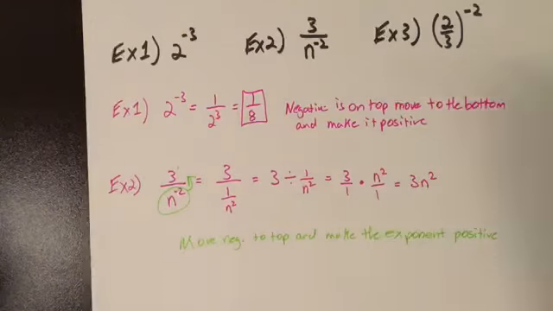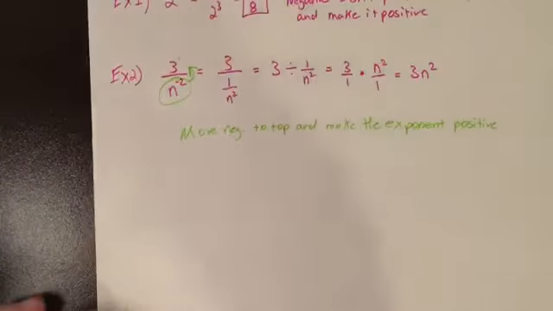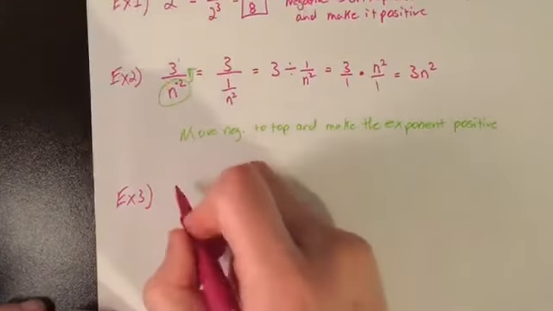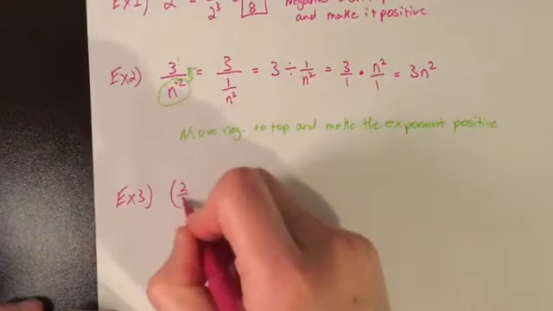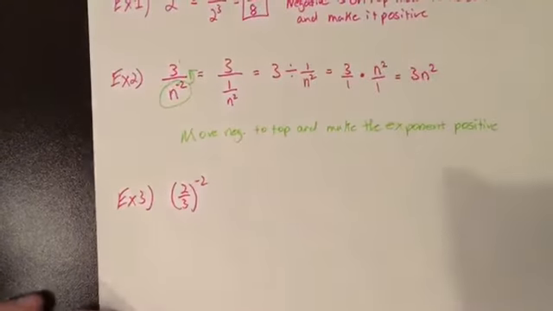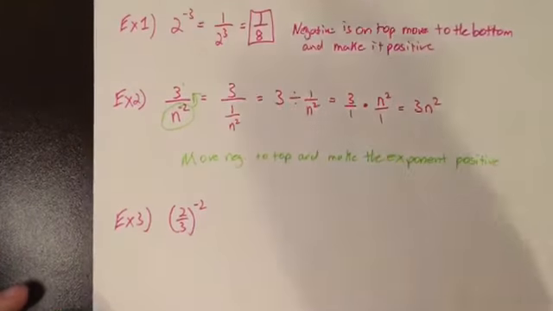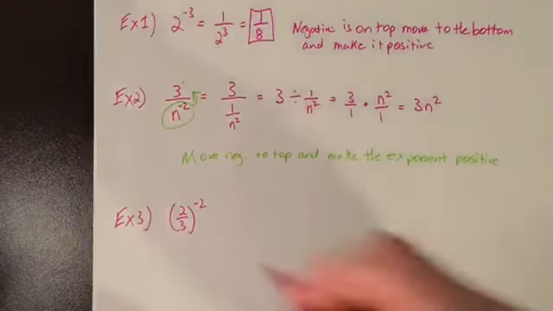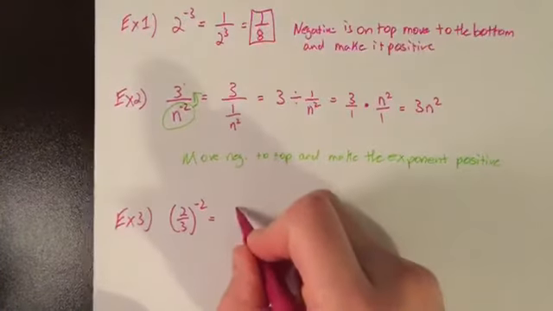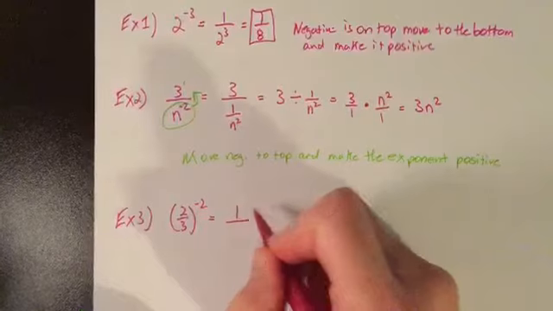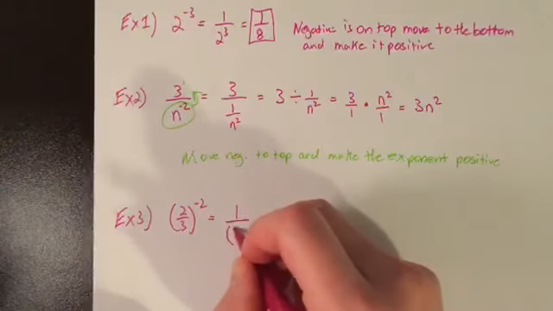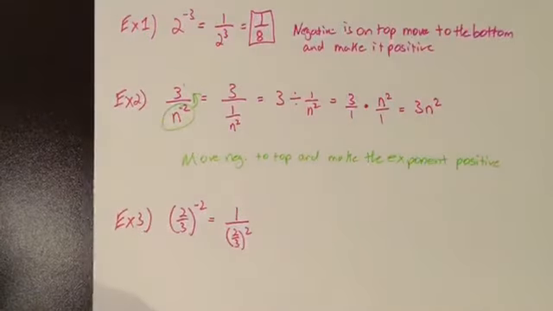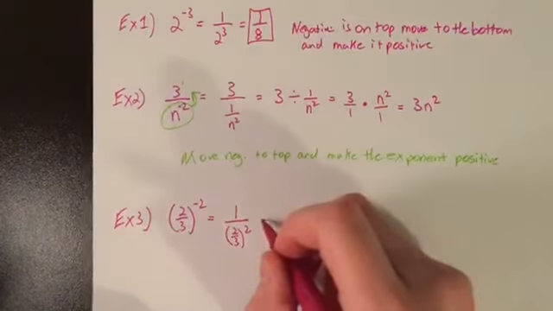Okay, let's look at our third example, example 3, which is that fractional base. Again, we're going to base it off of that first example, right? We said you have negative exponent, move it to the bottom, make it positive. So we'll do the same thing there. Take the whole thing, move it to a denominator, make the exponent positive. Notice I still kept the parentheses. The base is still 2/3.